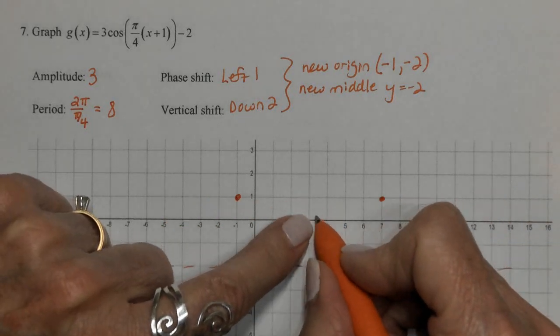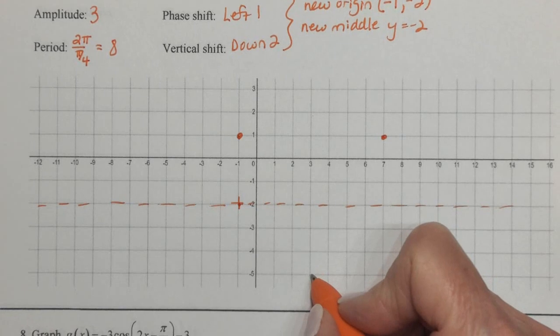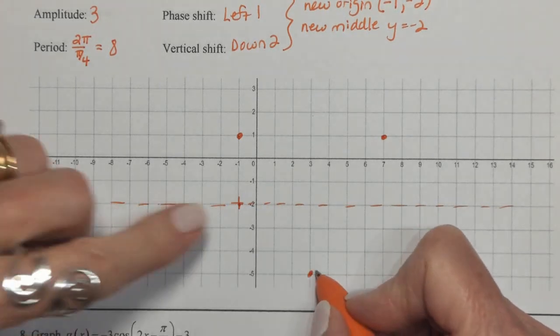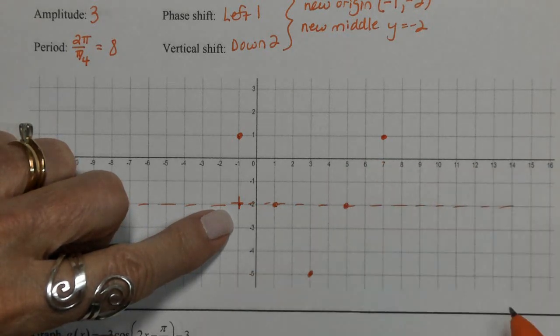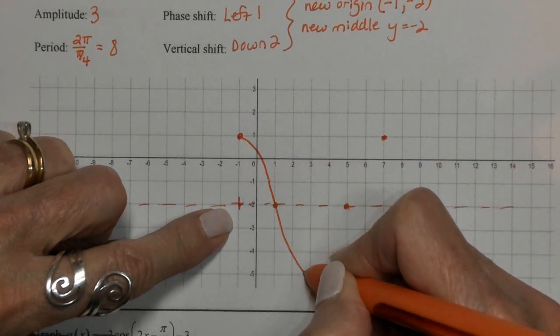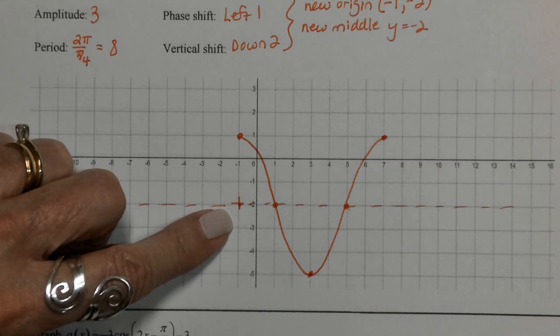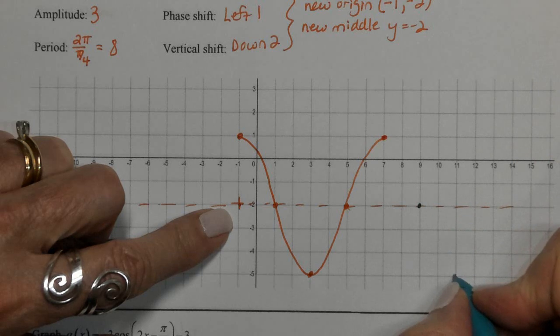Halfway, we're down the amplitude. So we're down 3 from our middle line. Half of that, we're at 0. So 1 period of this function looks like that. And then to get the others, we keep on going with that pattern.